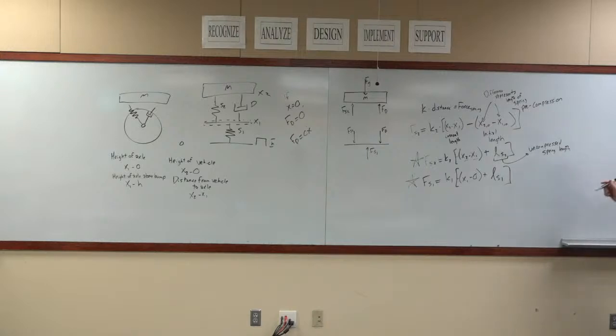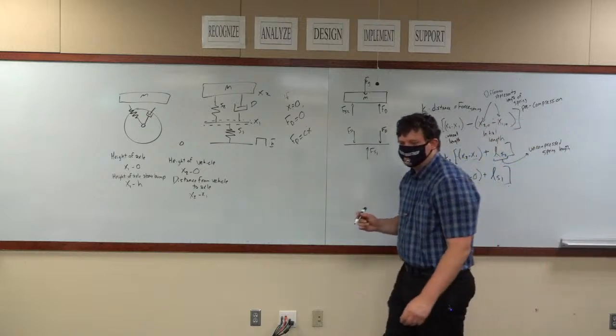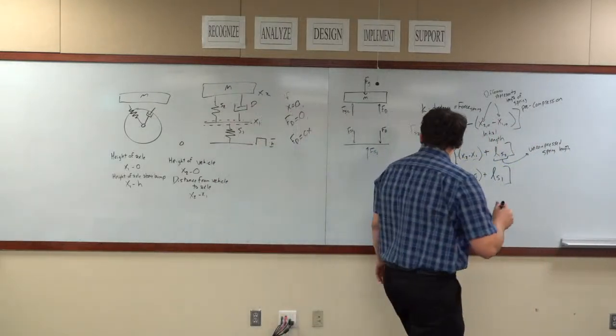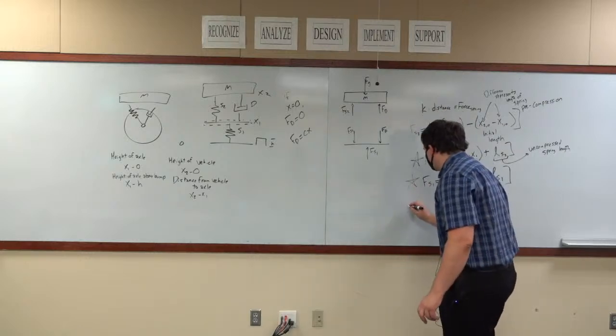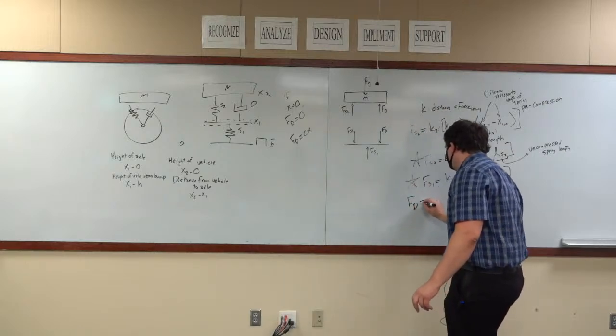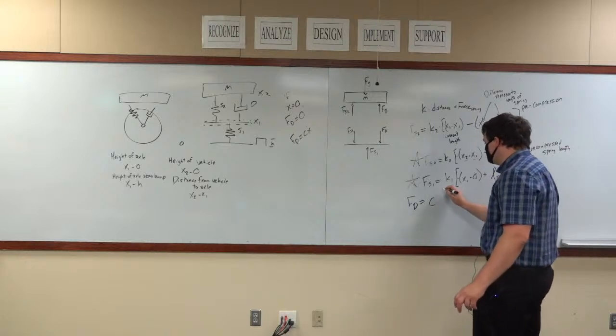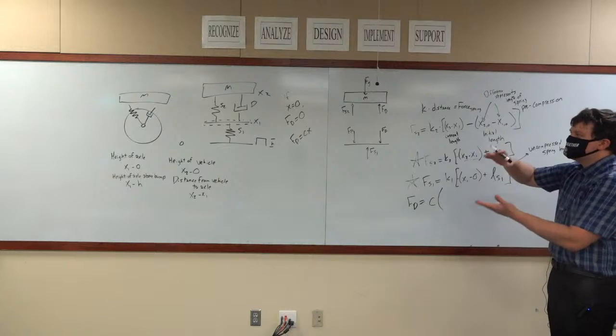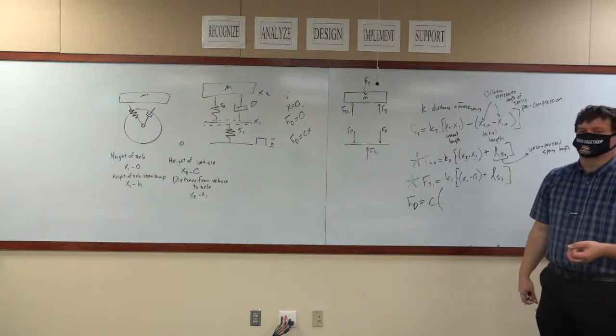Okay, so third equation, make sure I'm not writing off the edge of the board here. The third equation that we have is our force in our damper is going to be equal to C times the speed, the relative speed between x1 and x2.